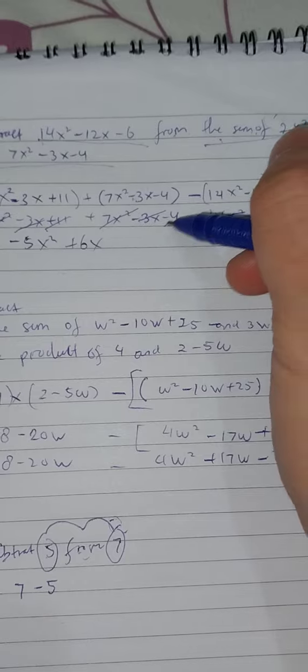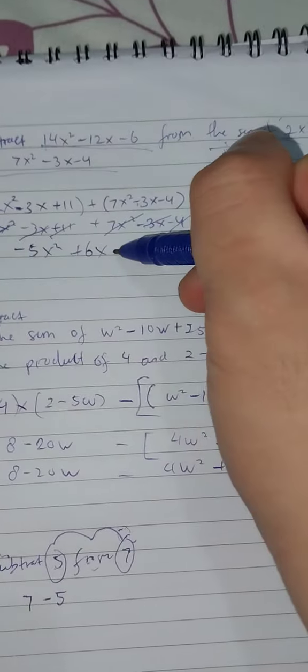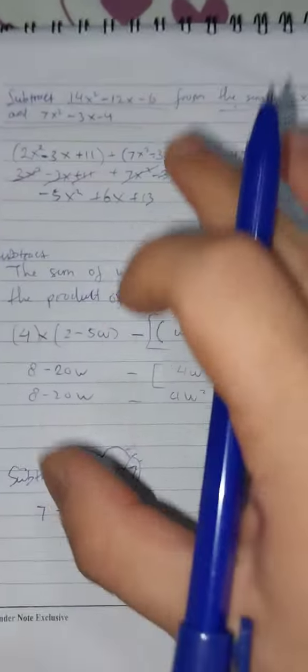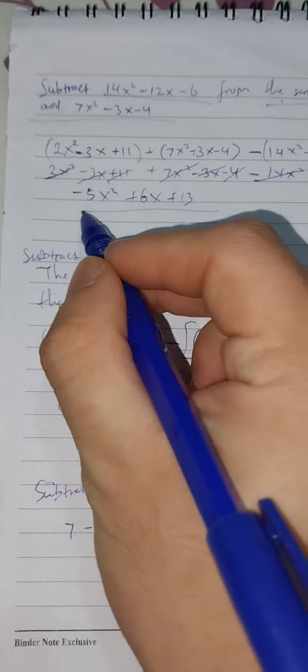Positive 11 minus 4 plus 7, and then plus 6, positive 3. So I like to do this kind of thing to help me see better. So this is the most simplified expression already.